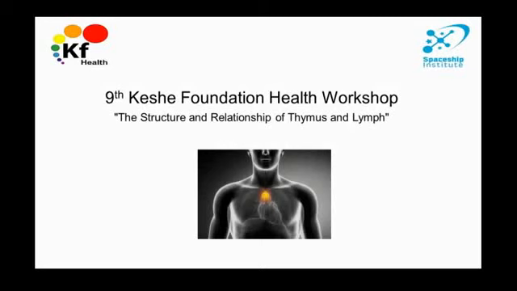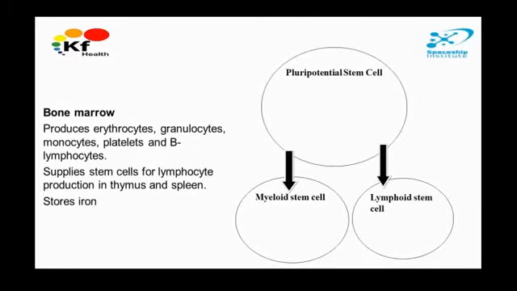When the stem cell reaches the state of maturity, it goes into the blood, and then reaches lymph nodes or thymus or other lymph organs through the lymph.